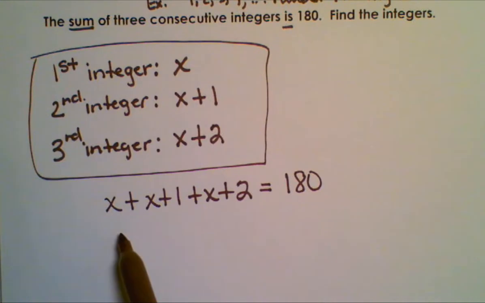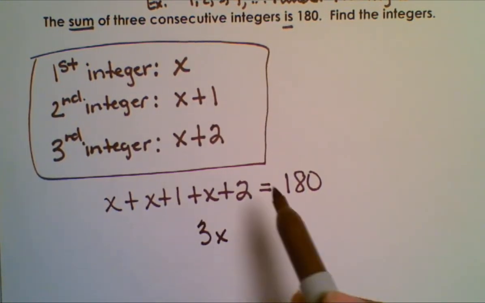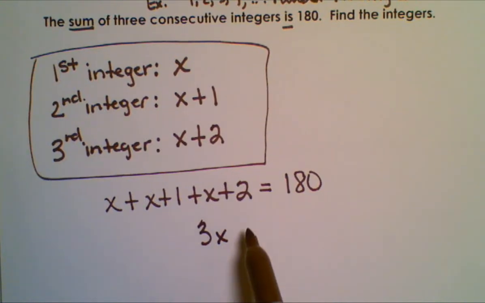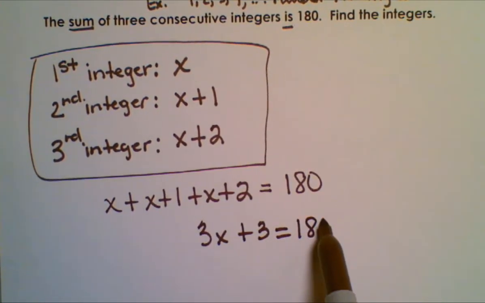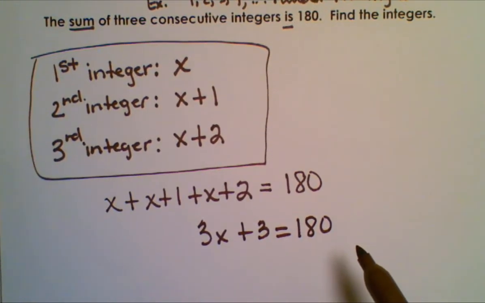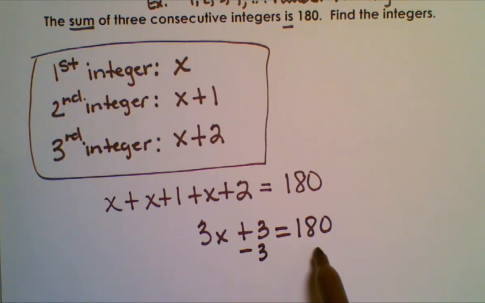So let's solve. We have x plus x plus x, that is 3x, and then 1 plus 2, which is 3, equals 180. In solving for x, we're going to subtract 3 from both sides.